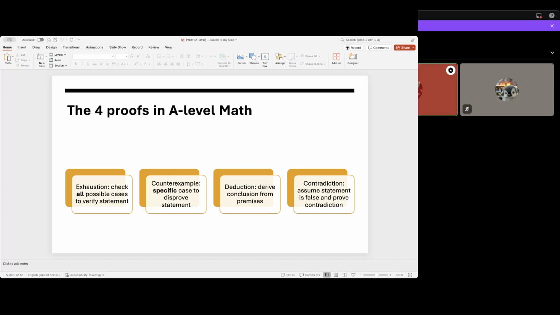From premises, that means what you have previously: we know that an odd number is not divisible by 2, and so prove that 2x plus 1 for x greater than or equal to 0 are all odd numbers. This is how you do deduction. Do you have any other questions? No, I understand it all now.